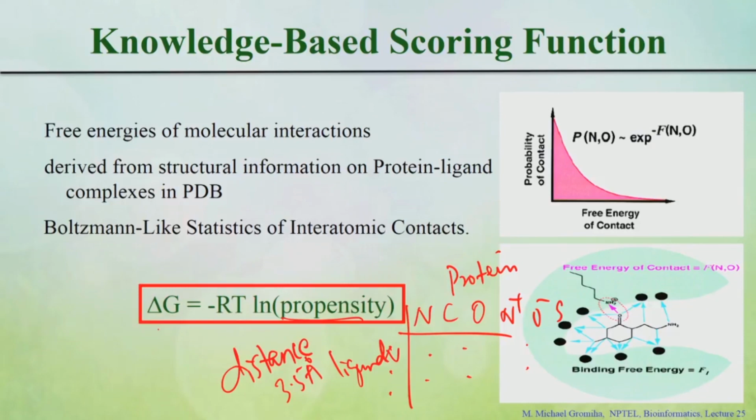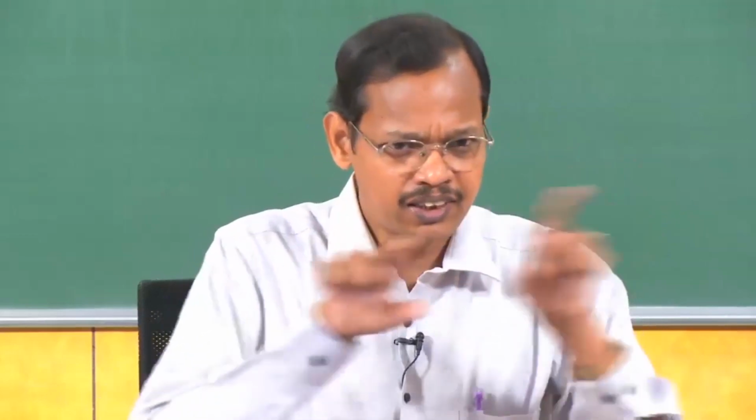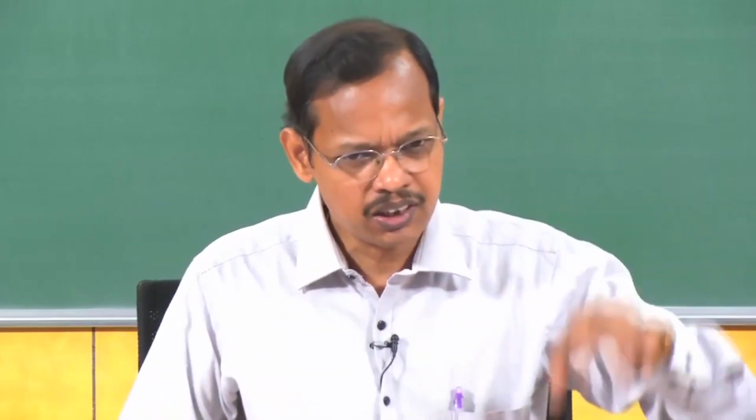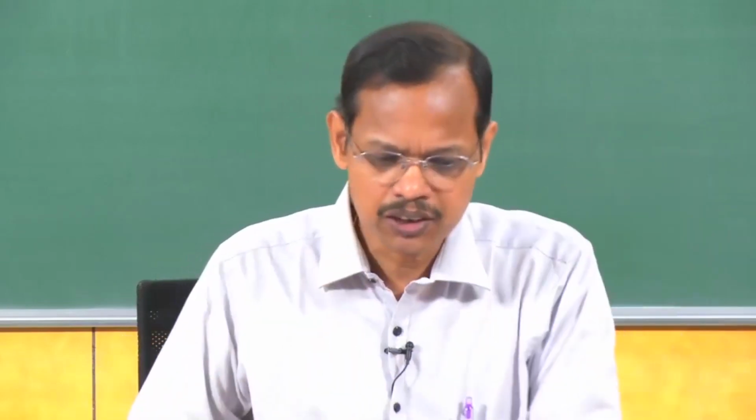So, now we can get these values. Then we have a new protein and ligand, and we can get the distances. For each pair we have the delta G values, substitute the values and sum up the data, and finally you get the score. So, for any complex you can get this score by adding up the scores. This is based on the knowledge based scoring function. How does this work?